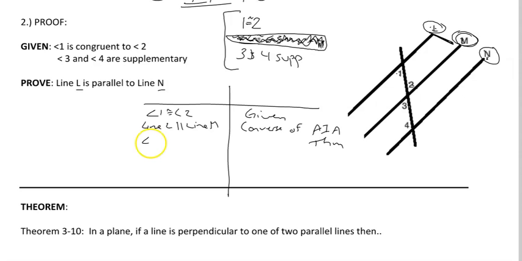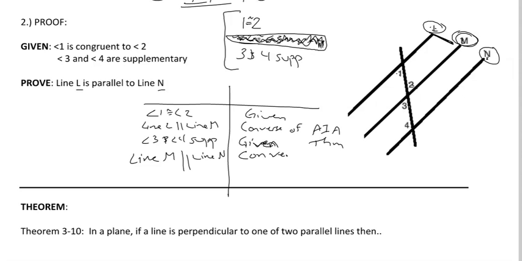Next, I can say angle 3 and angle 4 are supplementary, which is just given. Therefore, line M must be parallel to line N by the converse. Sorry if you can't read that, that says given. Tried to write a little bit neater. It's just my stylus is not the best.